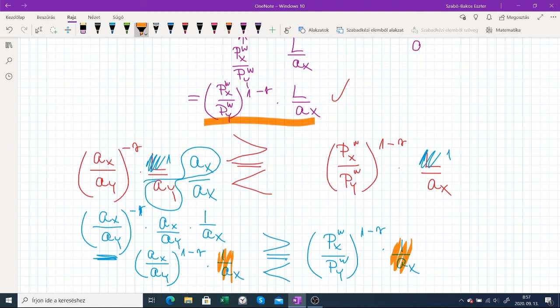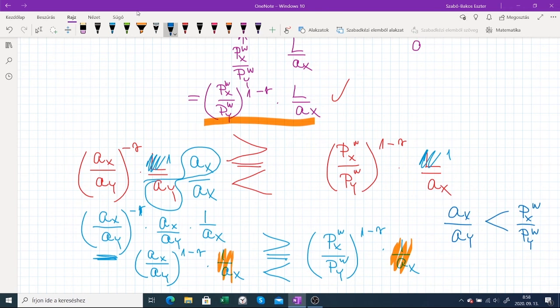Which one is the true? Since we have a small open economy and this small open economy has comparative advantage in producing x, then Ax over Ay is smaller than the Px over Py, the relative price in the rest of the world.